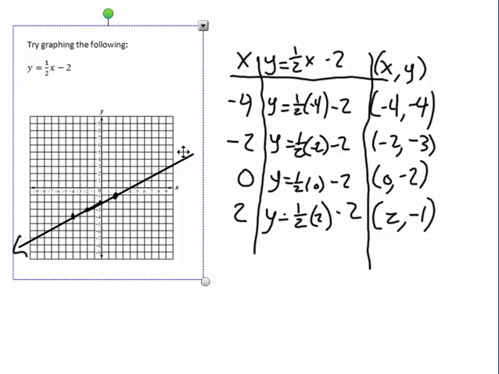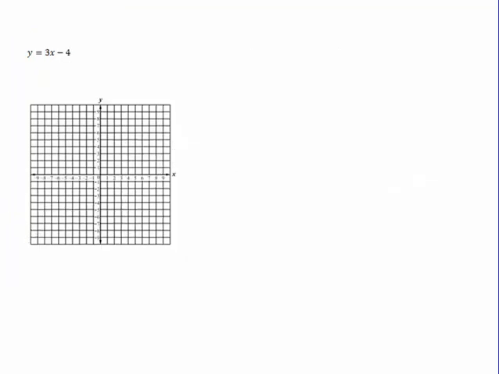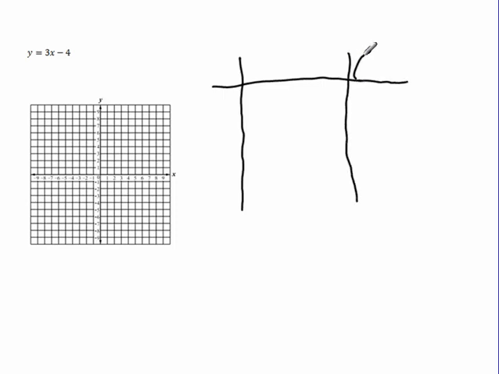All right, let's try one more. One more here. I don't have a fraction, so my x values aren't going to be particular, so I can use anything I want here. My x values this time, let's do negative 2, negative 1, 0, and 1.